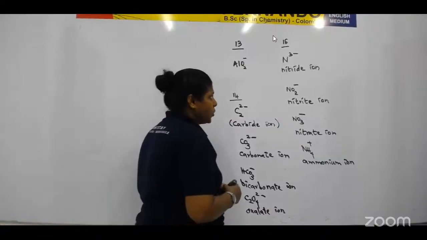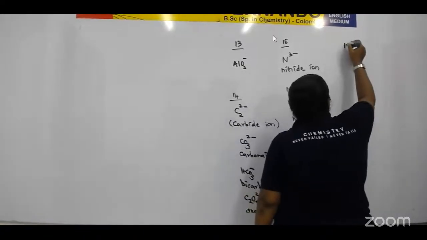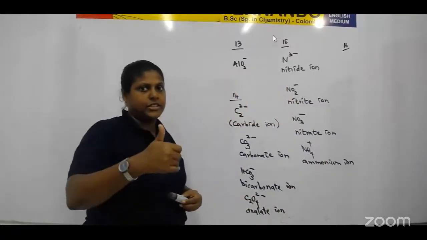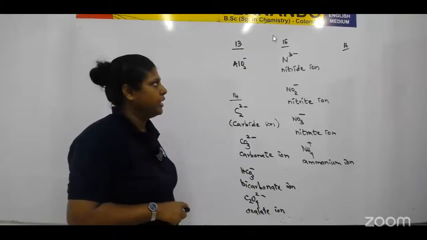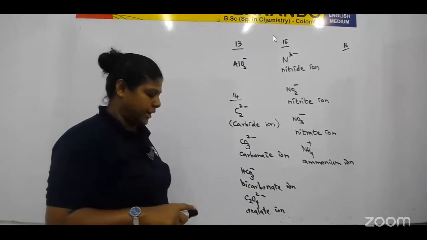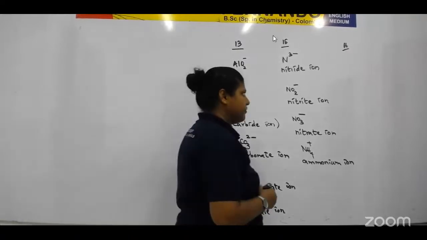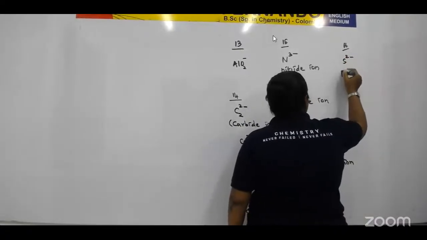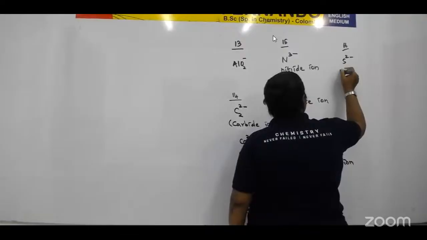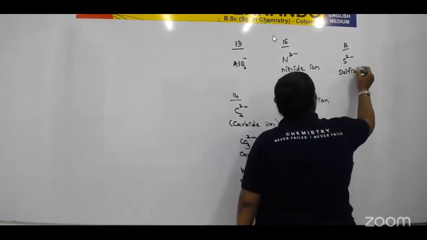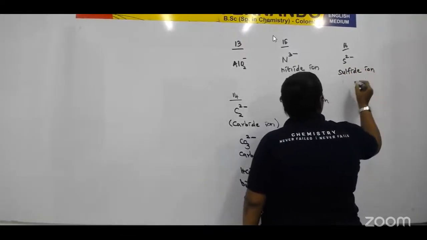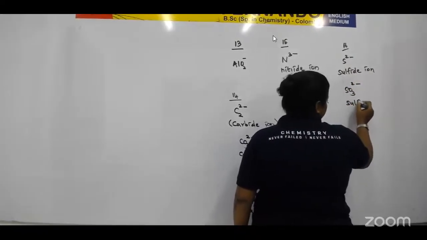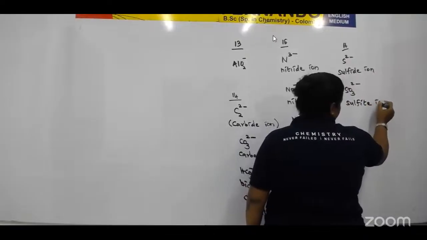And then group 16. Mainly we have oxygen and sulfur, selenium, tellurium, polonium. But we have to identify anions formed by sulfur. The first one, sulfide ion. Then SO3 2 minus, sulfite ion.